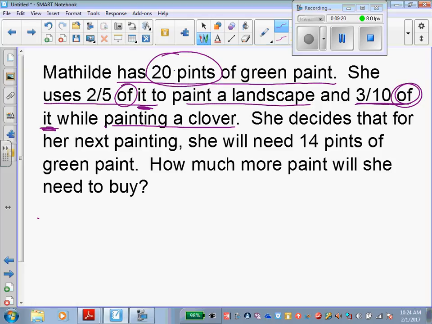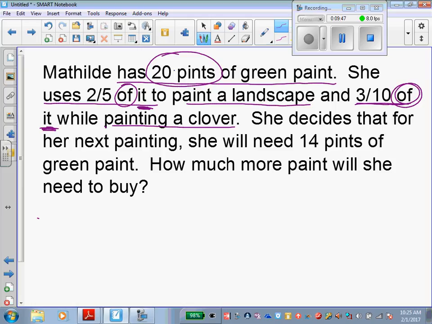What else is important? Jabria: She will need 14 green paint. For what? Okay, it's okay. We have to analyze it. Why does she need 14 pints of green paint?